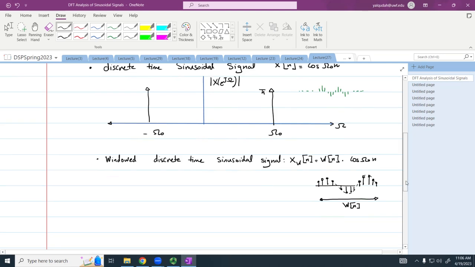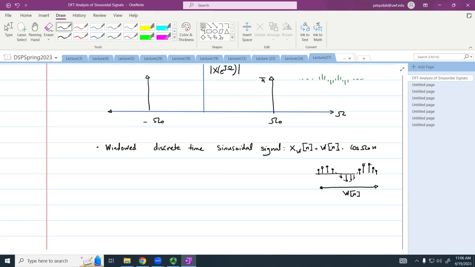What does the discrete time Fourier transform of this signal look like? Anybody want to guess? If this window is a rectangular pulse, it's the same. And if I multiply the window with the sinusoidal signal, in the frequency domain, it's going to be the convolution of the two. So therefore, the spectrum is going to look something like this.